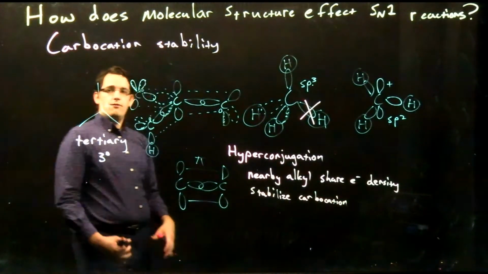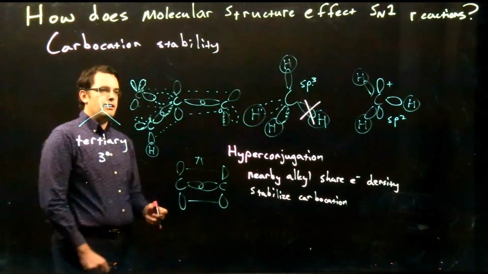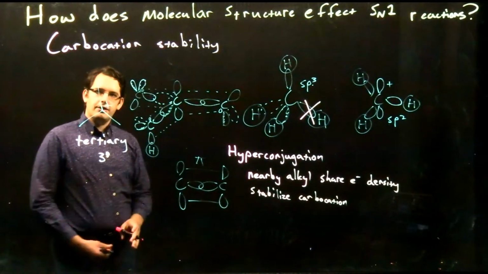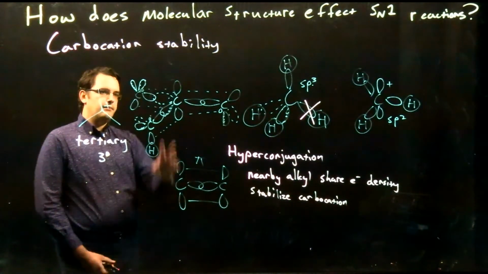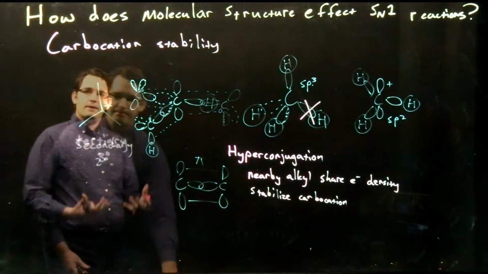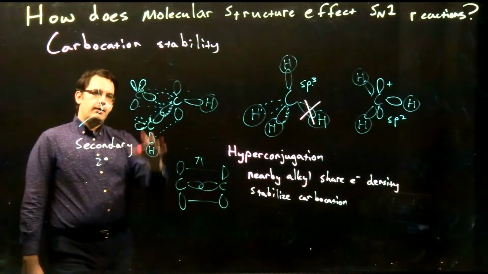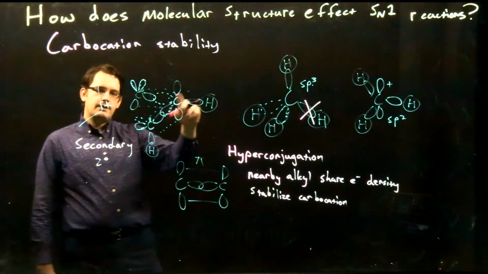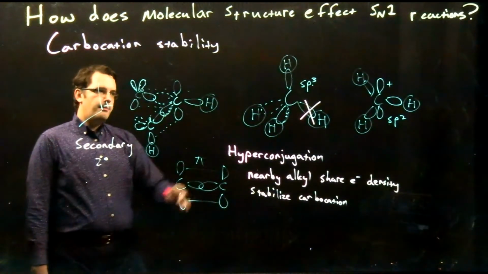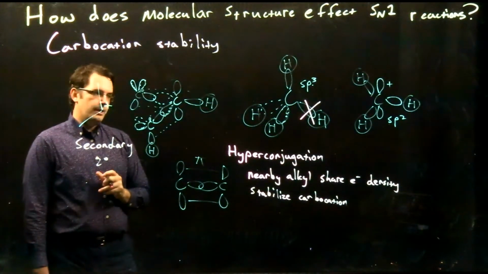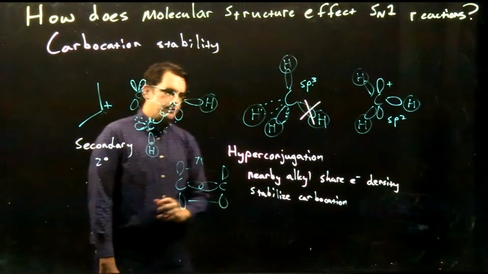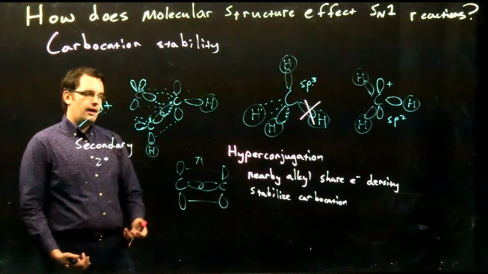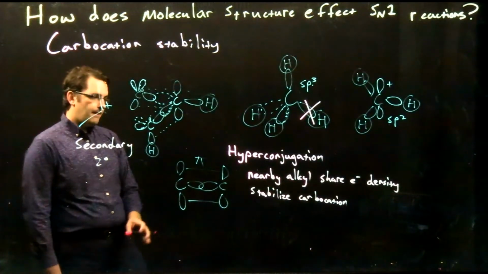So of course, for my tertiary carbocation, I have 3 carbon groups that can stabilize my central carbocation. For a secondary carbocation, now I only have 2 carbons that I'm attached to, and those 2 carbons can share electron density, but I'm missing that 3rd carbon that's contributing extra electron density through my hyperconjugation effect.